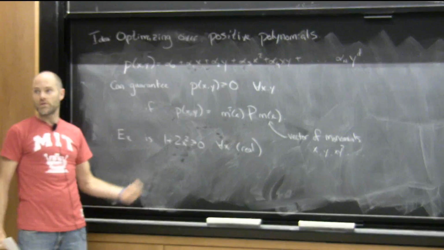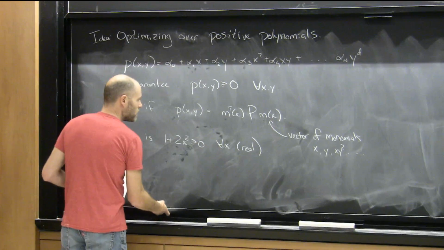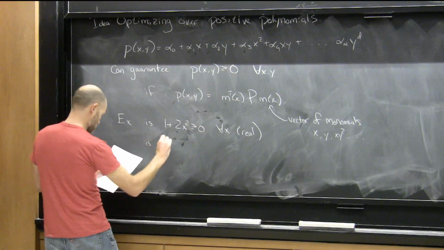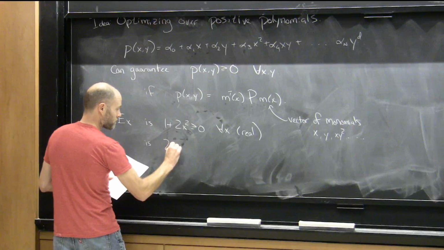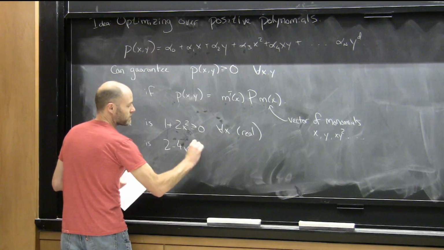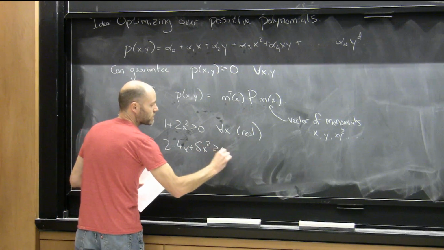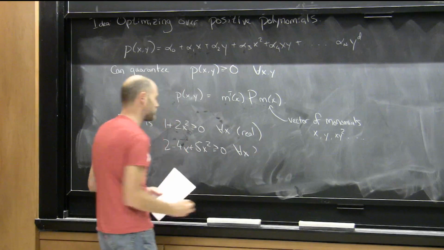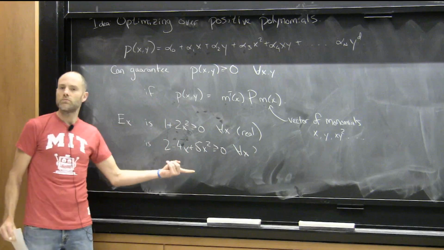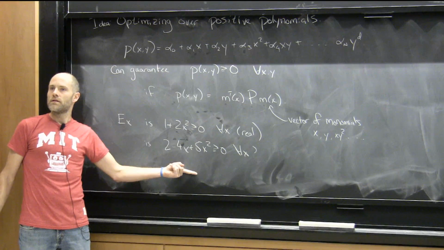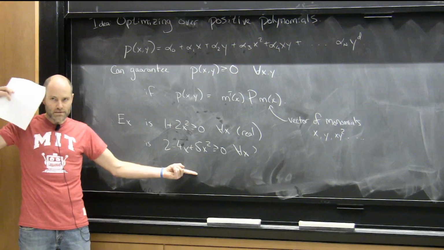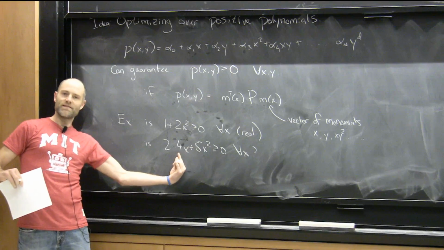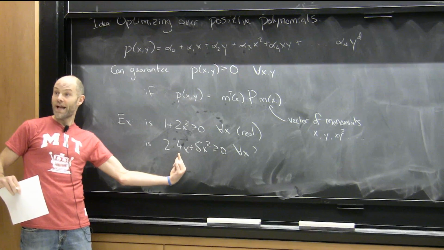What about, I picked a nice example here, 2 minus 4x plus 5x squared greater than 0 for all real x? That one's a little harder to see. It's got some positiveness, but you don't know if that negative 4 is killing you or not.